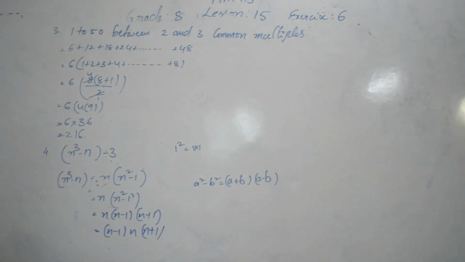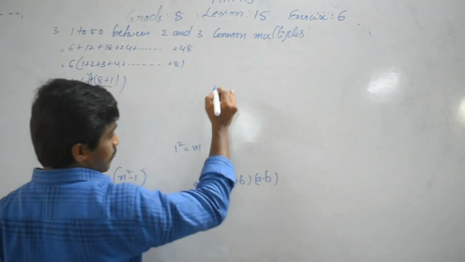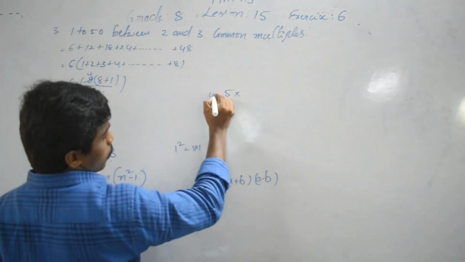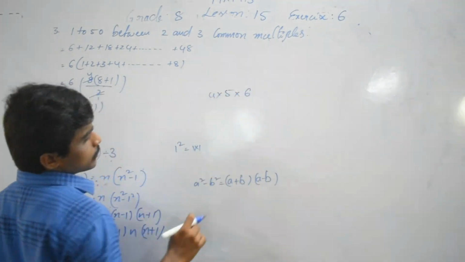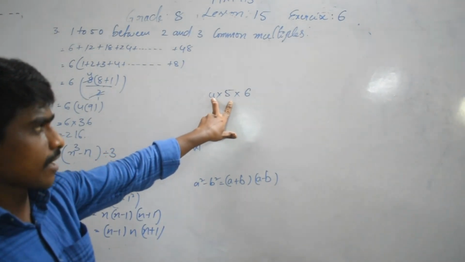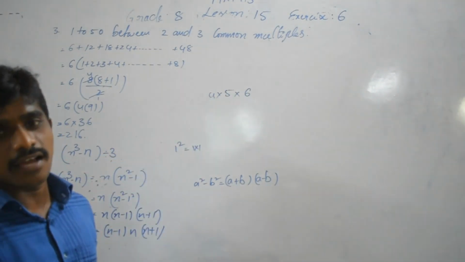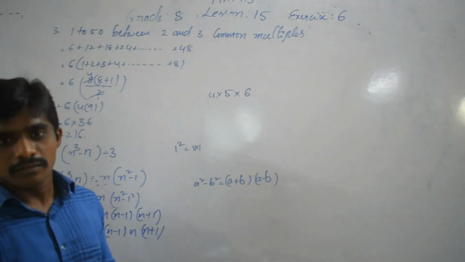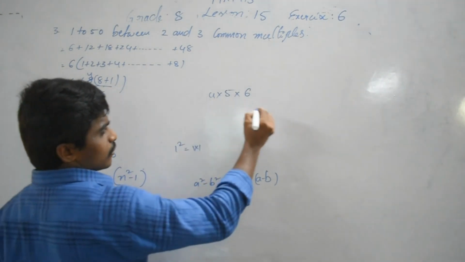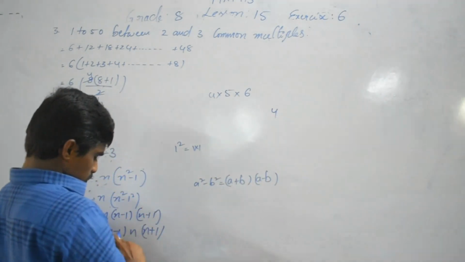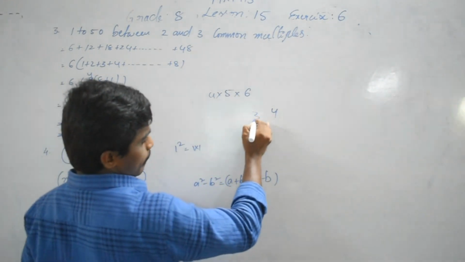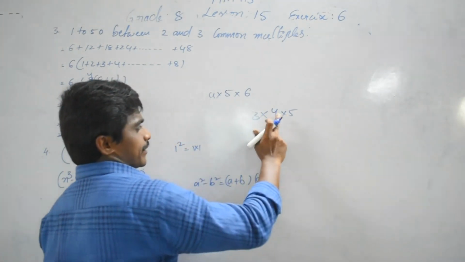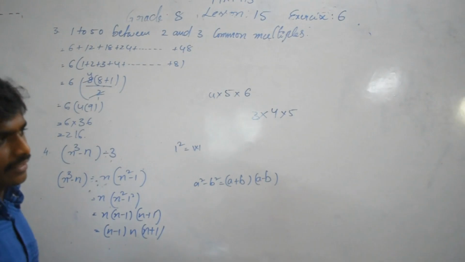So take any number, let n be 5. So 4, 5, 6: 4 fives are 20, 20 sixes are 120. 120 is divisible by 3. Or n value 4: n minus 1 is 3 and n plus 1 is 5. 5 fours are 20, 20 threes are 60, divisible.